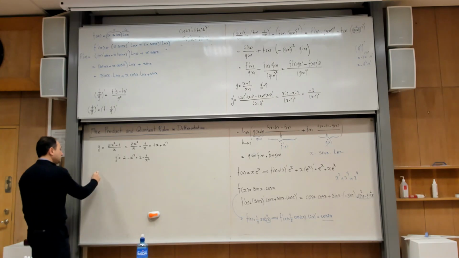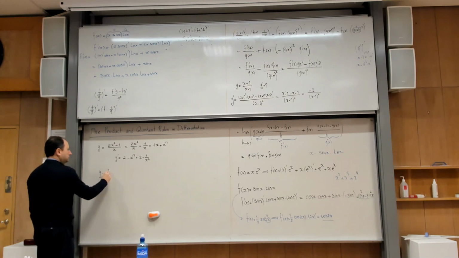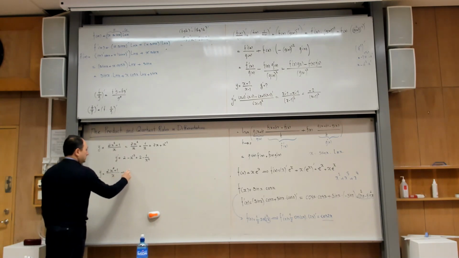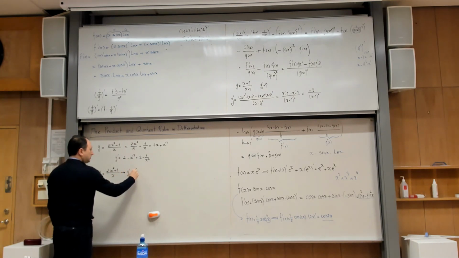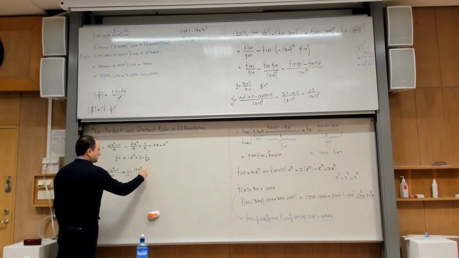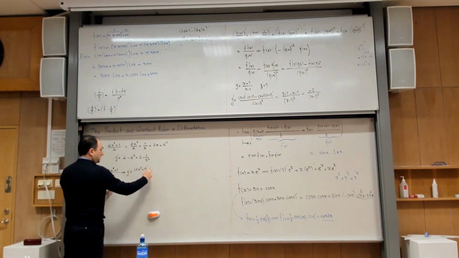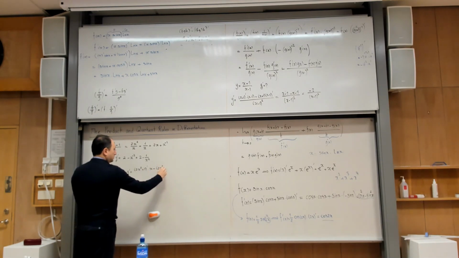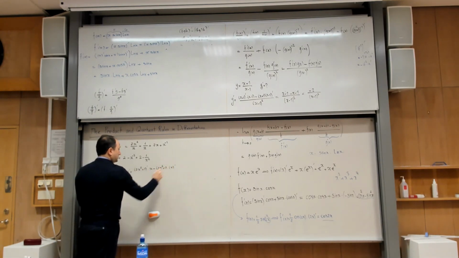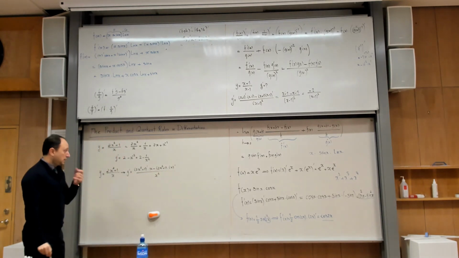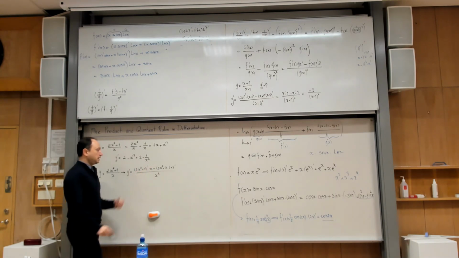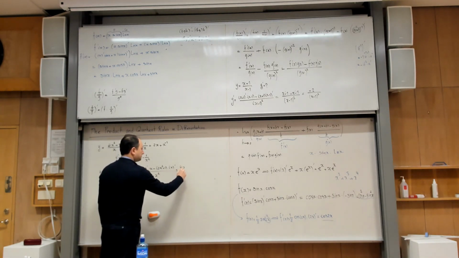But if I want to use the quotient rule, I will make life harder for myself for no reason. Then I take the derivative using the quotient rule. It becomes the derivative of the numerator multiplied by the denominator itself, minus the numerator itself multiplied by the derivative of the denominator, divided by the denominator squared. And then what happens? The derivative of this is 4x multiplied by x is 4x squared.